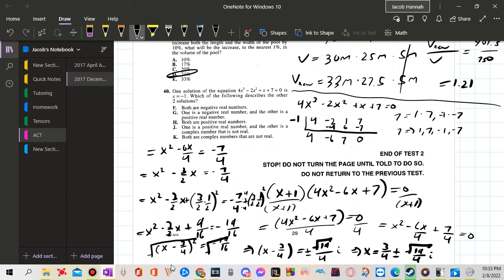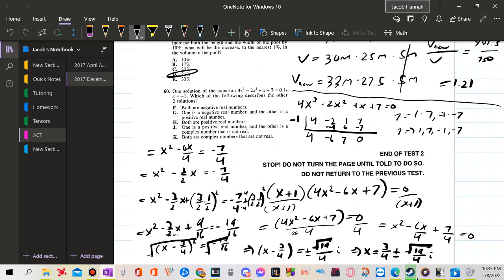So that means the two roots are complex because it has this imaginary number. Anything that has a square root of a negative number is complex. That's something you'll learn about in Algebra 2. But this means x equals 3/4 plus square root of 19 over 4i, or x equals 3/4 minus square root of 19 over 4i.